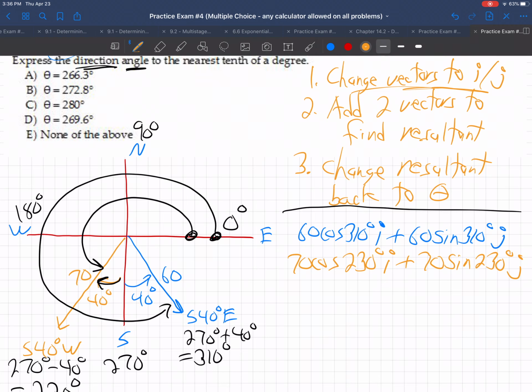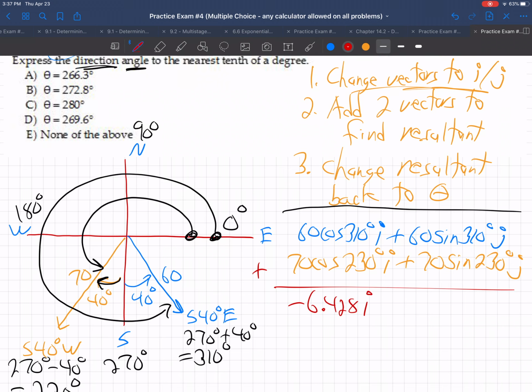Now, we need to add them up and get the resultant vector. This is done on your calculator. Crank it out. I'll do it on my calculator right now also. Make sure you're in degree mode. And I'm getting negative 6.428i.